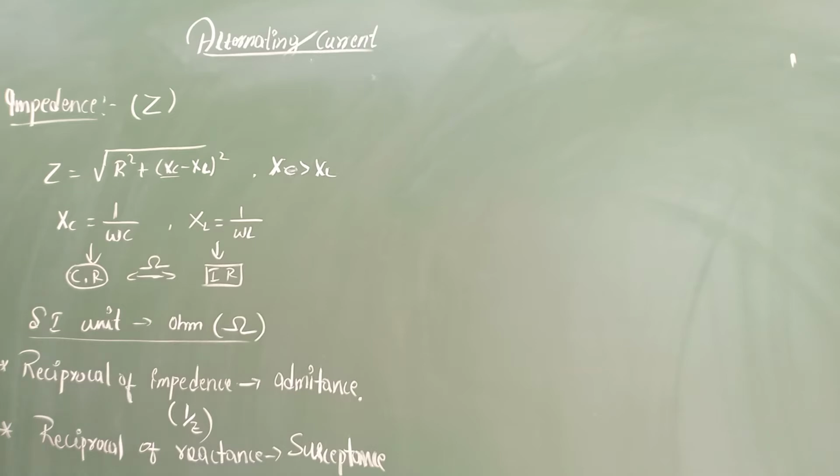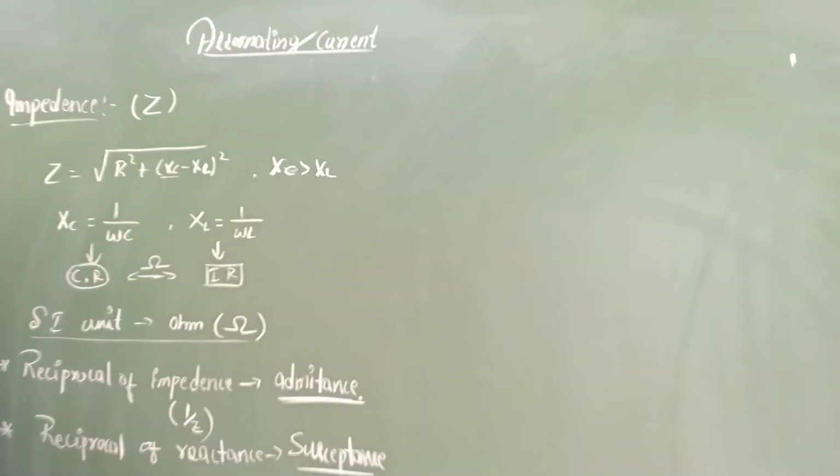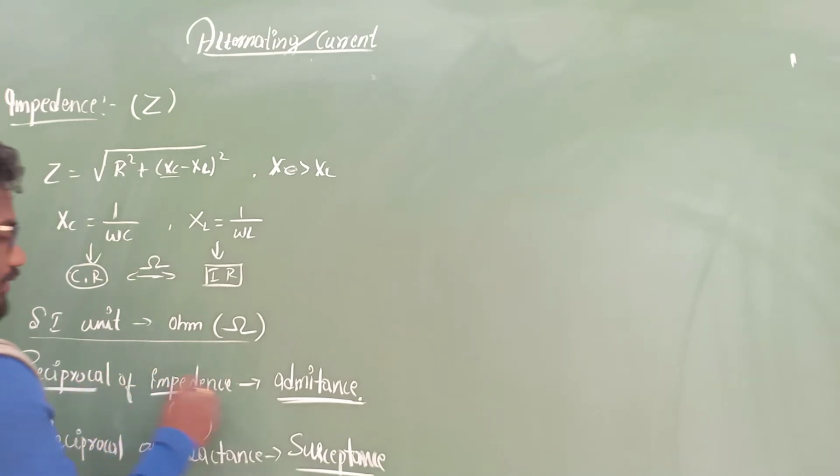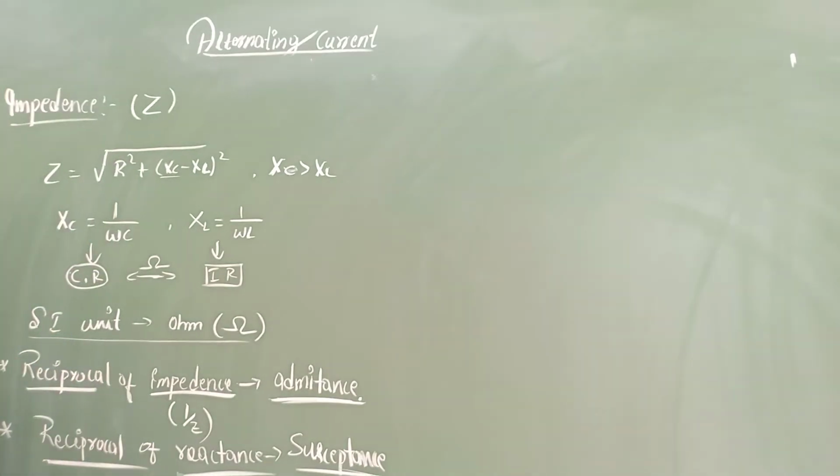These are the new terms that we are going to get in this chapter. So the reciprocal of impedance is admittance, and the reciprocal of reactance is susceptance.